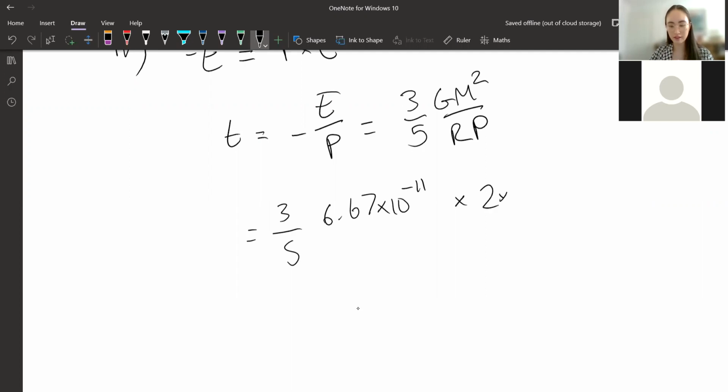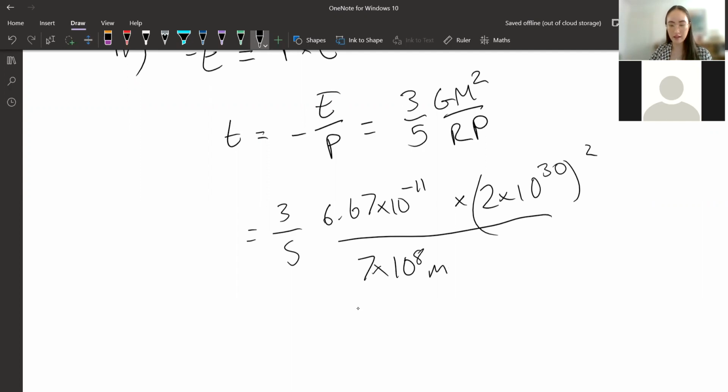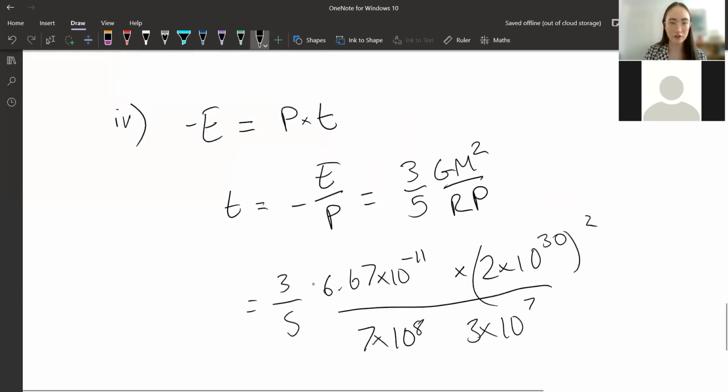Mass is 2 times 10 to the 30 kilograms, and this needs to be squared. The radius of the sun is 7 times 10 to the 8 meters, and no, I won't put units in there. And finally, the power was 3 times 10 to the 7.